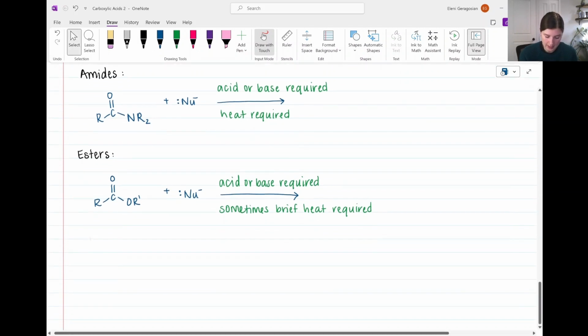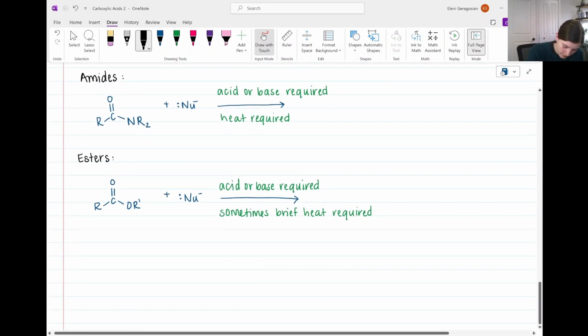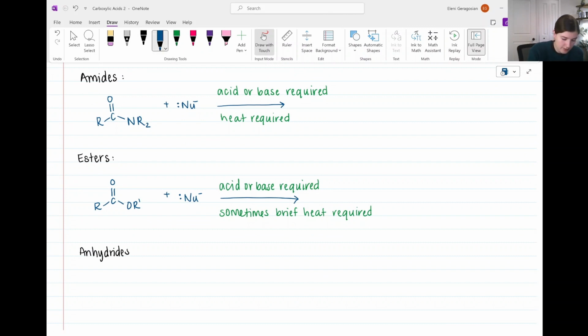Next, we'll look at anhydrides. Anhydrides have two acyl groups. They have a carbonyl bonded to an oxygen, and that oxygen is bonded to another acyl group.